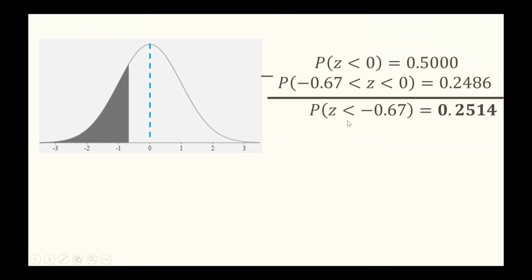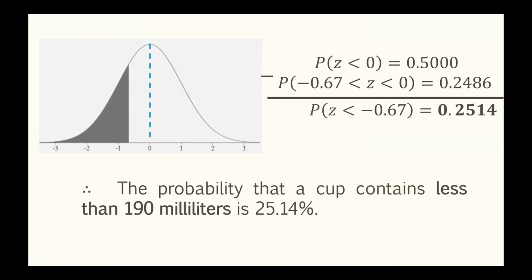The difference, that is the probability of the shaded portion, or that is the probability of z less than negative 0.67, and that is equal to 0.2514. So here, the final answer, the probability that a cup contains less than 190 milliliters is 25.14%.